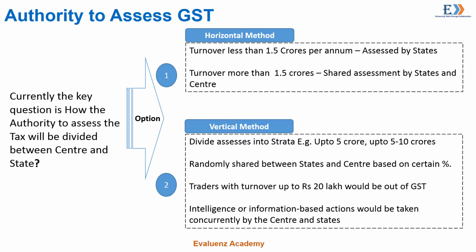And for such assessees, the authority will be randomly shared between the states and the center based on a certain percentage of assessees. In addition to that, traders with turnover up to rupees 20 lakhs would be out of GST, and intelligence or information based actions would be taken concurrently by the center and the states.